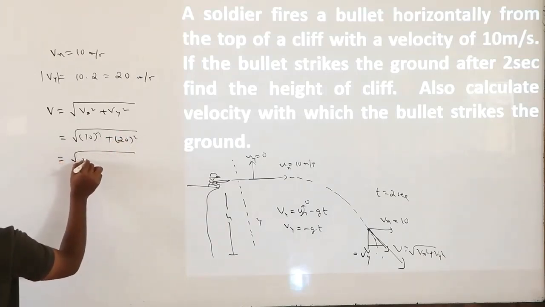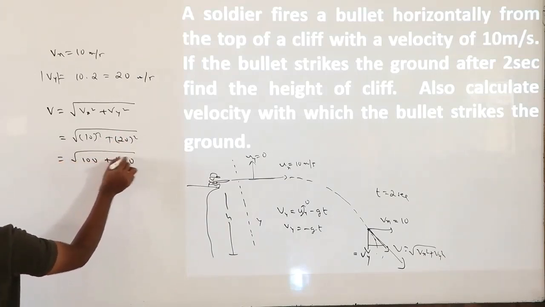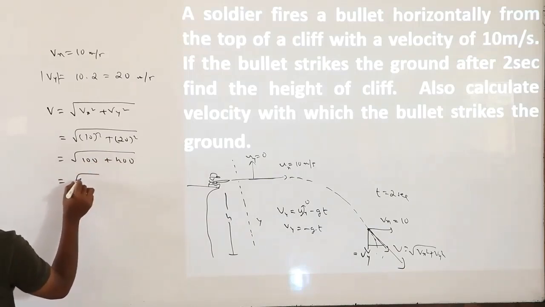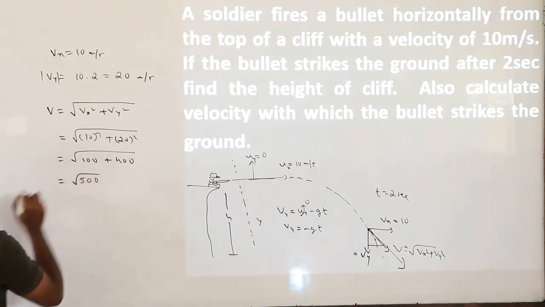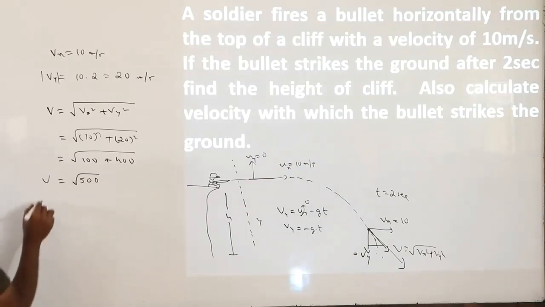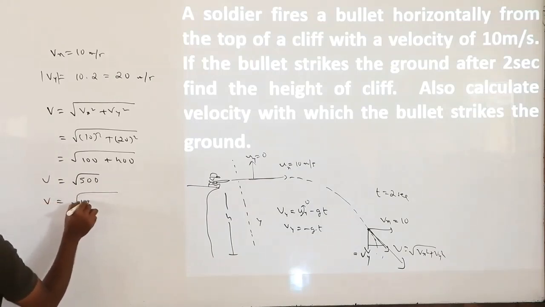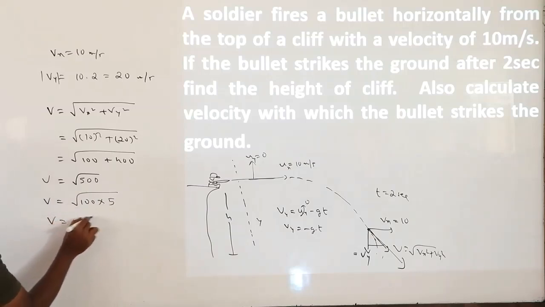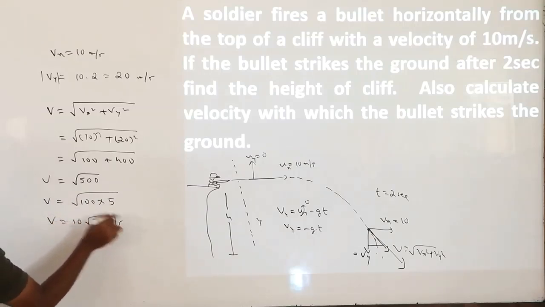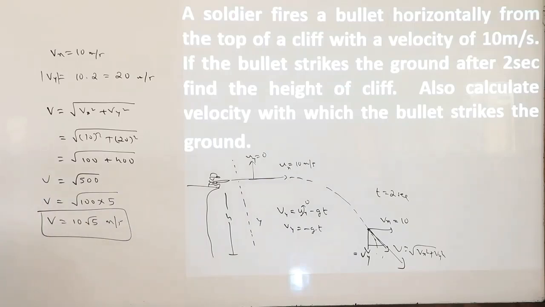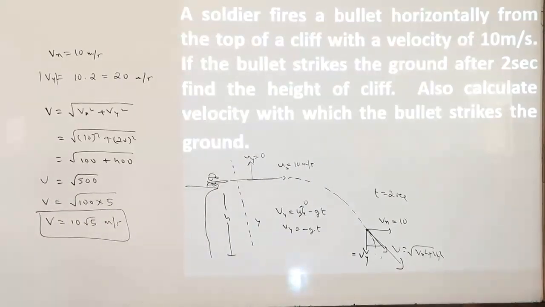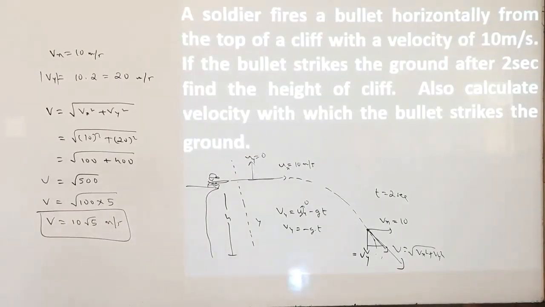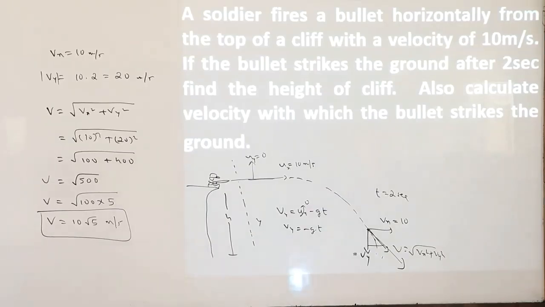This is 100, this is 400, so it becomes 500. Root of 500 is the velocity. I can write root of 500 as 100 into 5, so root of 100 is 10, times root of 5. This is the resultant or terminal velocity when it strikes the ground. So the answer is v equals 10 into root of 5 meter per second.